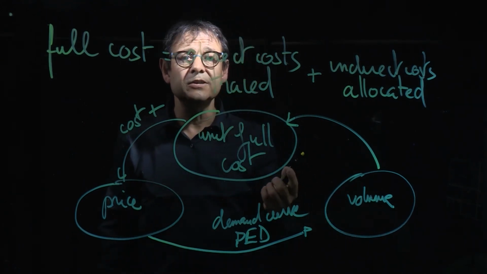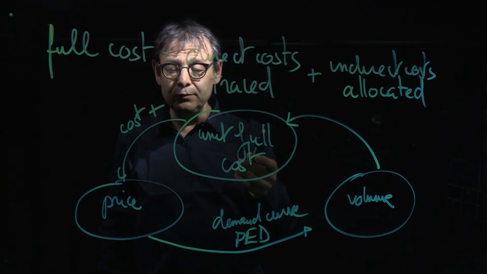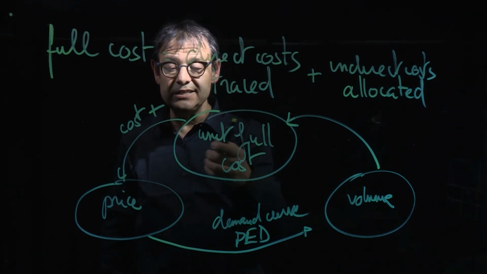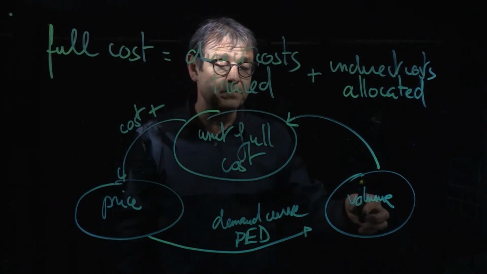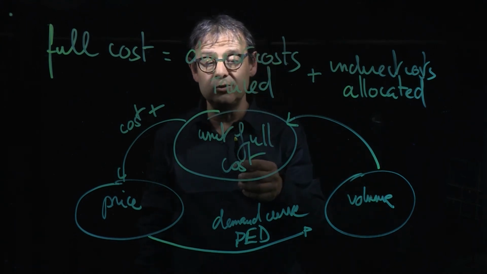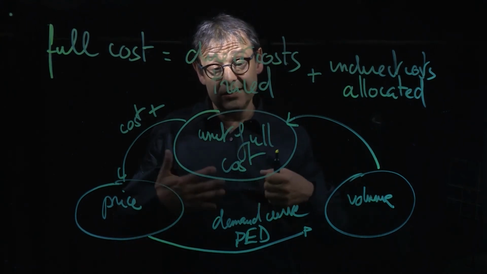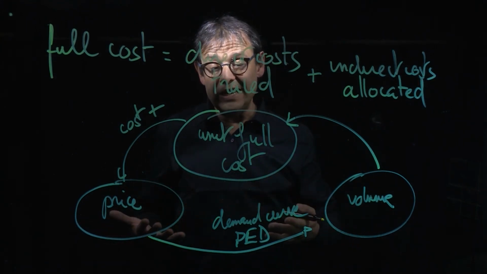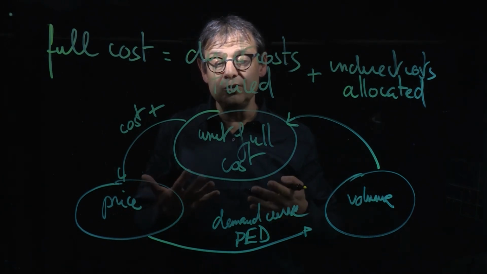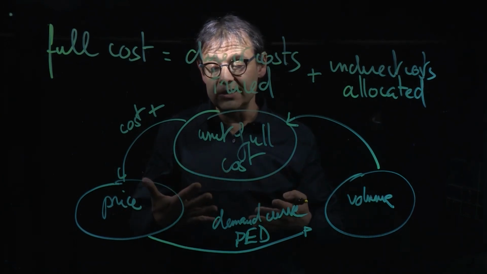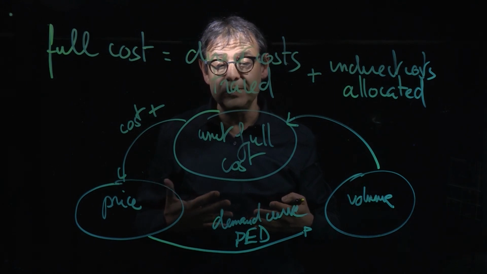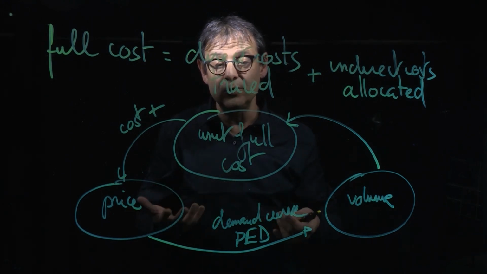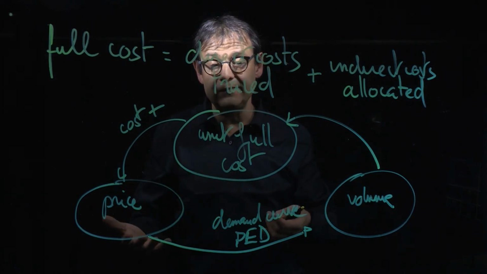So I summarize again this idea. The unit full cost is used as a basis to set your price, but the price will impact the volume, and the volume will impact your unit full cost. And so you will never be able to know what unit full cost you could use as a basis in order to set the price, because that basis will fade away as soon as you set that very price.